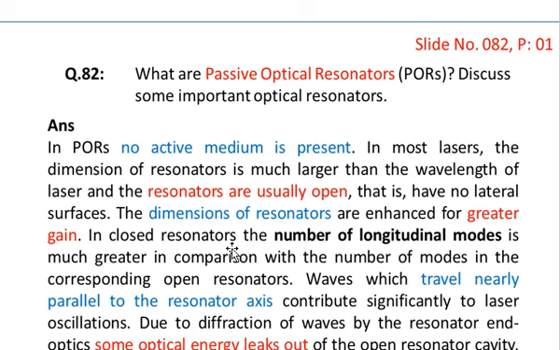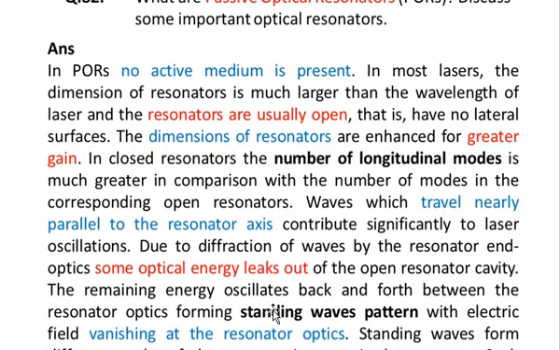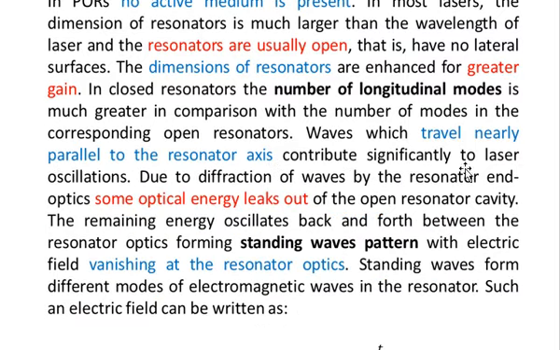In closed resonators, the number of longitudinal modes is much greater in comparison with the number of modes in the corresponding open resonators. Waves which travel nearly parallel to the resonator axis contribute significantly to laser oscillations.